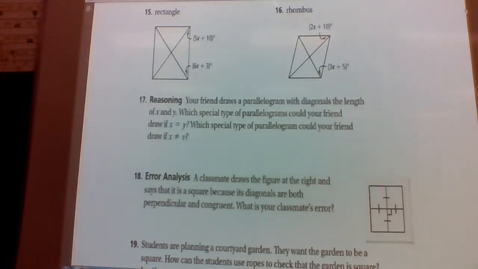Let me think. Okay, let's go on to 16. Let's just go on to 16.